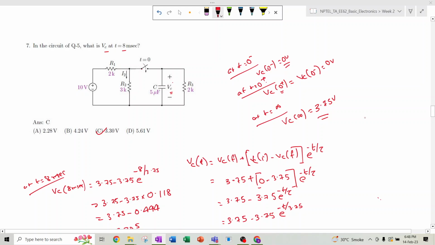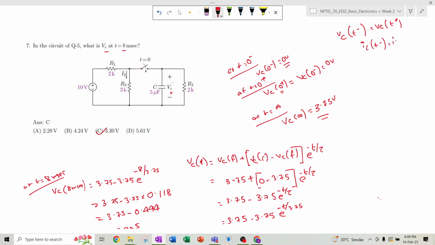So as I have already told, at any point of time, the voltage Vc(t−) should be equal to Vc(t+). Similarly for the inductor, IL(t−) is equal to IL(t+).